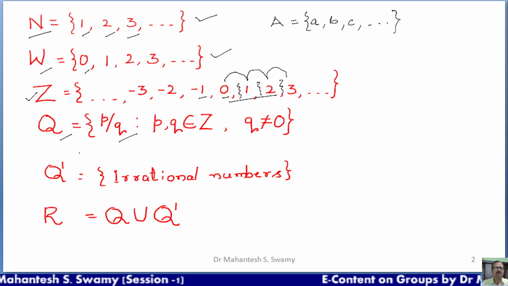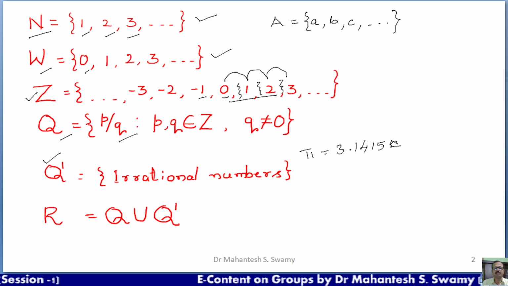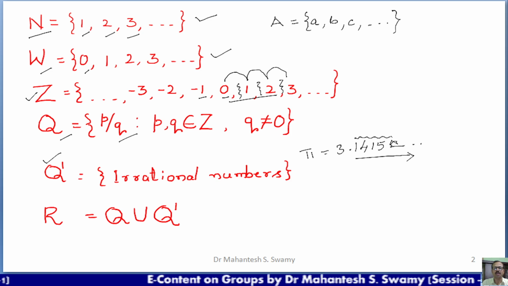Along with rationals, we can have another very important set of numbers, the set of irrational numbers. So what are irrational numbers? The numbers which have infinitely many decimal digits which are non-repeating. For example, the value of pi is 3.14158, something like that. After the decimal point, the digits go up to infinity and the digits are not repeating here.